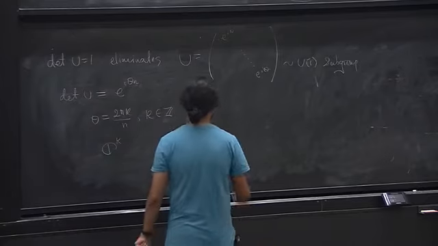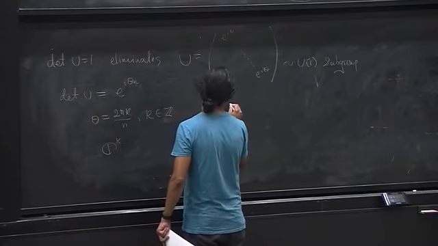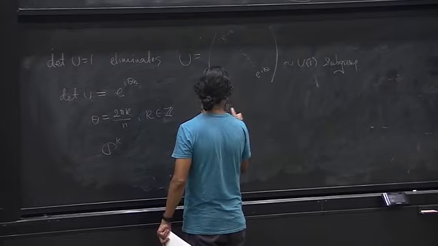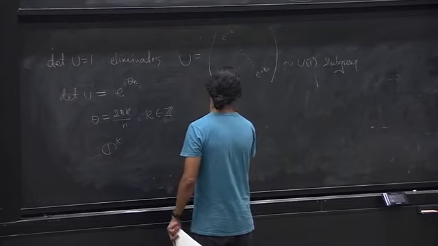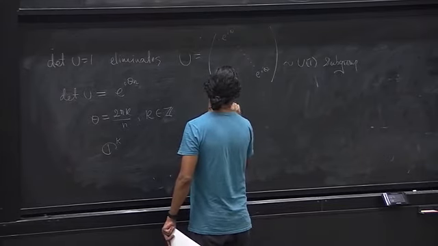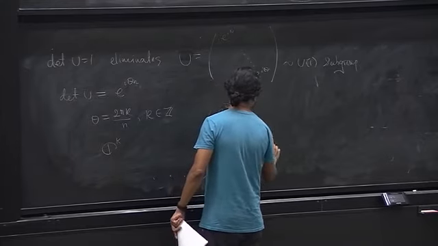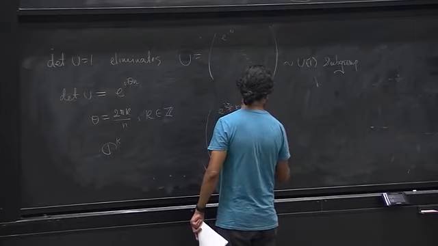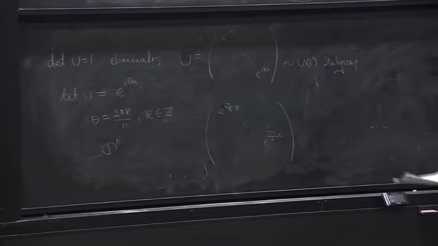For example, e to the 2 pi i by 3 k will generate, I think, C3.